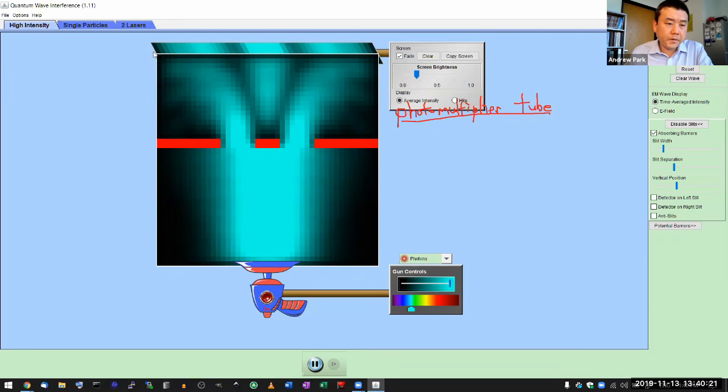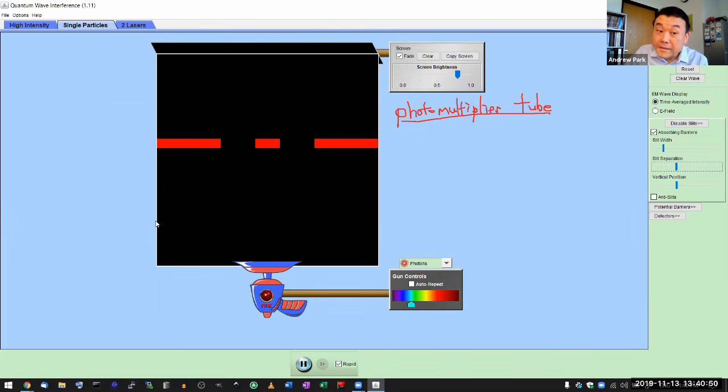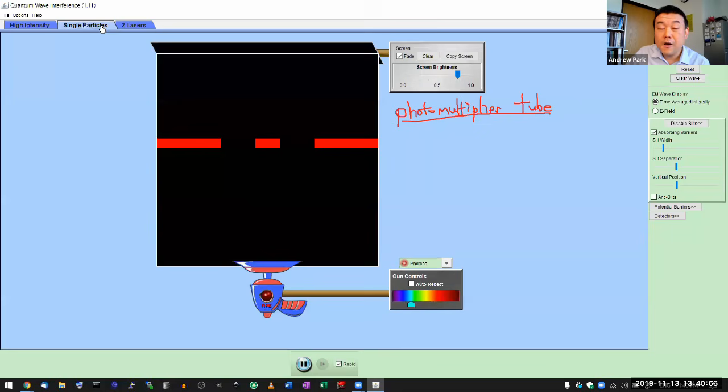Now, when we repeat this experiment with single particles, what do we expect to see? That is the question. This is what you see. So you remember this picture, high intensity interference pattern. When you fire single particles, it'll look like nothing different is happening because you see a particle there.